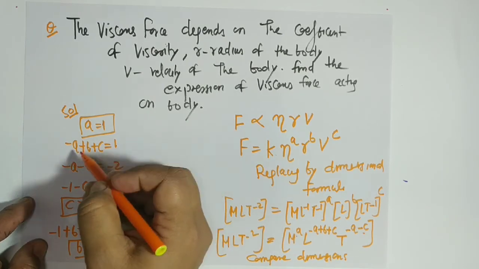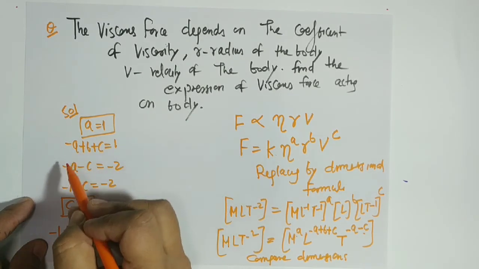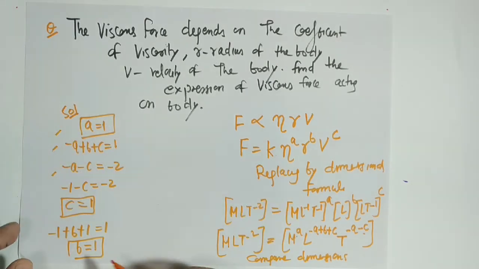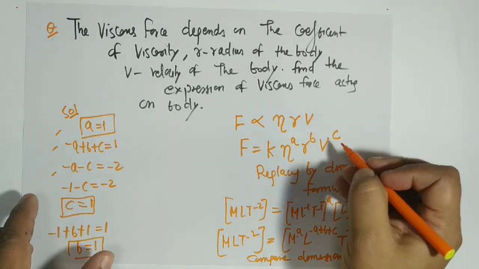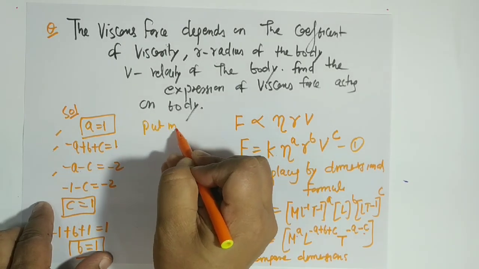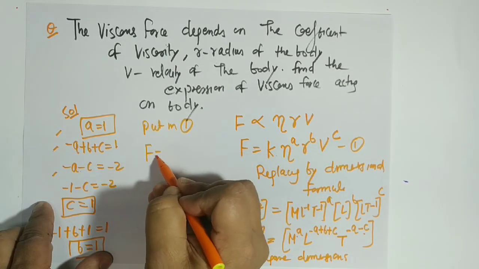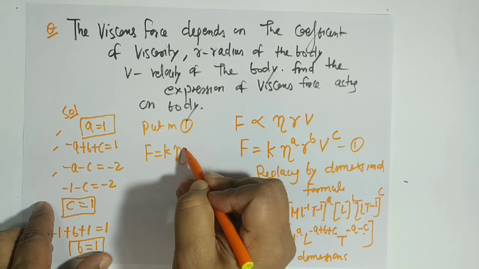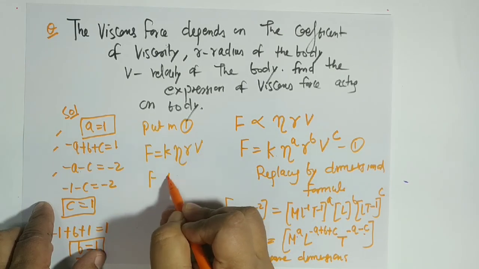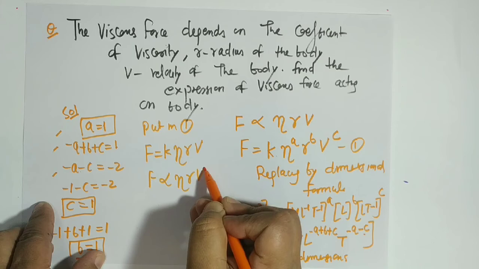So all the values you got from these equations, A, B and C are each 1. Put it in the first step, so what you get is K eta 1 R1 V1. You can write it like this also.